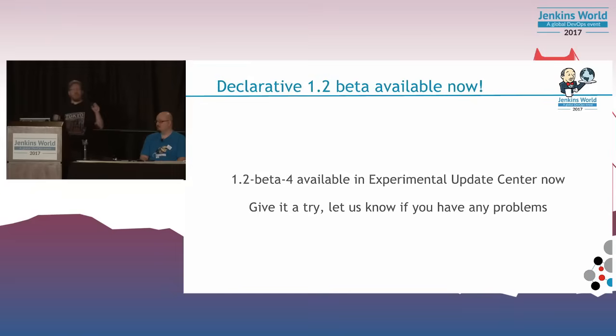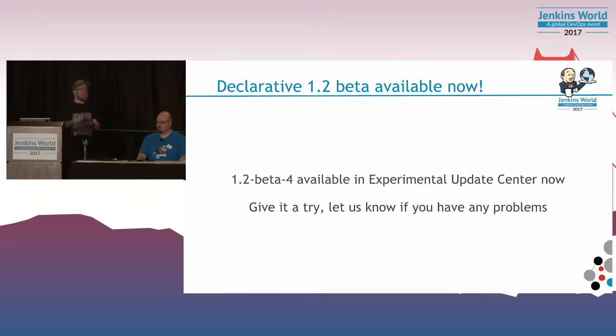So, Declarative 1.2 beta is available right now. It's 1.2 beta 4 is available in the Experimental Update Center. If you don't know what I mean by the Experimental Update Center, that's cool. You probably don't want to be running betas. But I'm very confident in this beta.